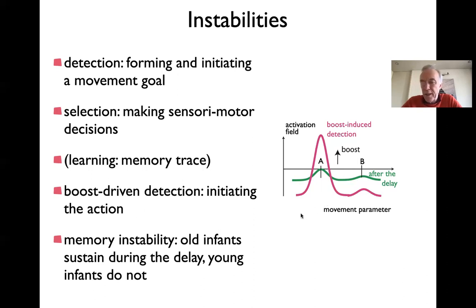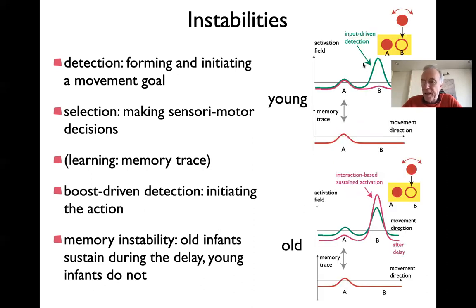And so that explains the A not B mistakes, because what happens in the young infants is that after a couple of A trials, when the boost comes, there is more activation at A than at B because of this memory trace at A. And so they would be making the peak there because the peak that was induced by the stimulus at B has decayed during the delay.